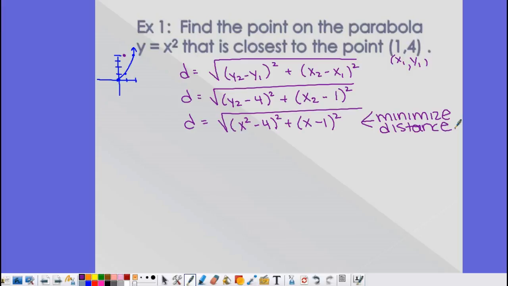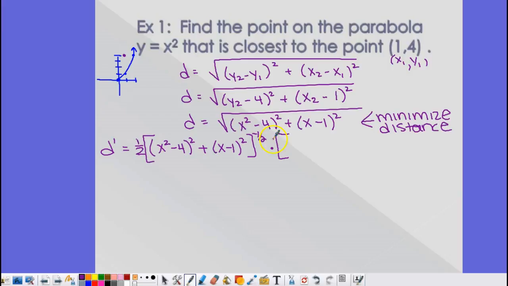Yeah, I need the derivative of distance, right? So the derivative of the distance for a square root would be 1/2 x squared minus 4 squared plus x minus 1 squared, all raised to the negative 1/2 times the derivative of the inside.